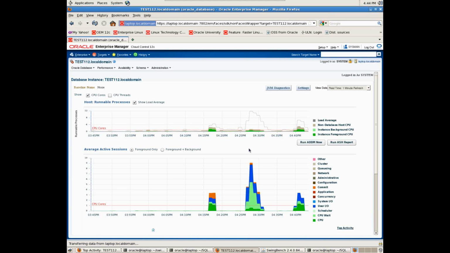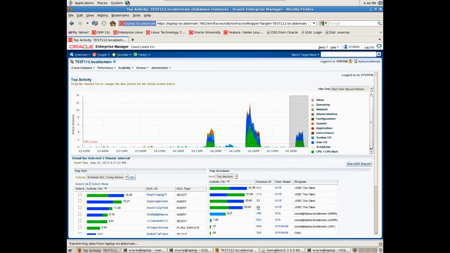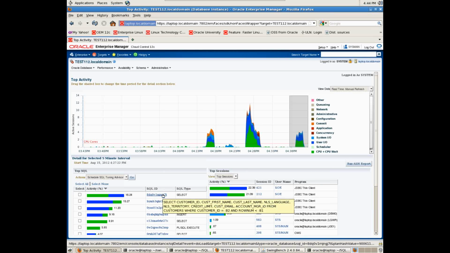So what's great about the top activity page, right? It's based on ASH data. It gives us the high-level overview, but because it's based on ASH data, it allows me to drill through all the different dimensions, right? It's session-specific, which is fantastic. It's SQL statement-specific. I can drill down to information at the right scope for the right kind of problem.